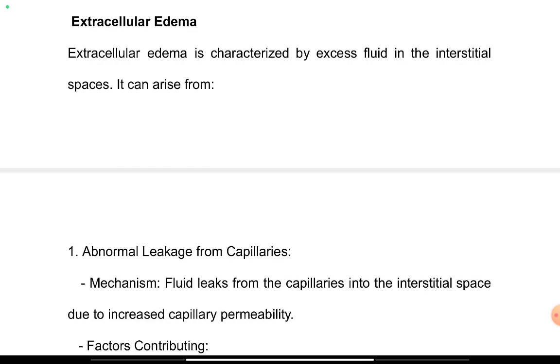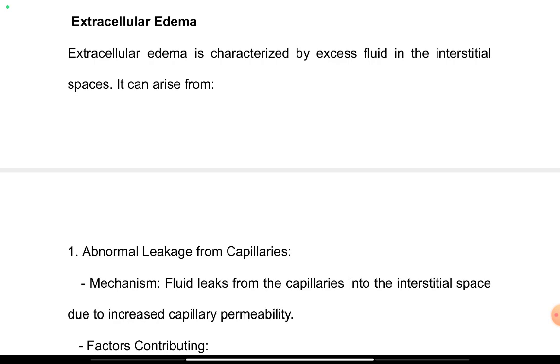As I'm saying it by mouth, I believe you should be having a mental picture of what I mean. So fluid can accumulate inside the cell, giving rise to intracellular edema. In the same vein, fluid can also accumulate in the interstitial component of extracellular fluid. The extracellular space is made up of both intravascular and extravascular or interstitial space.